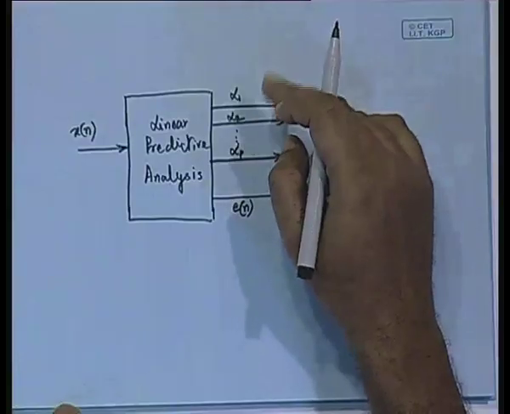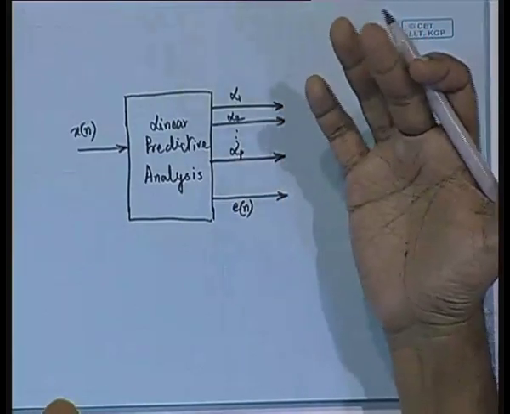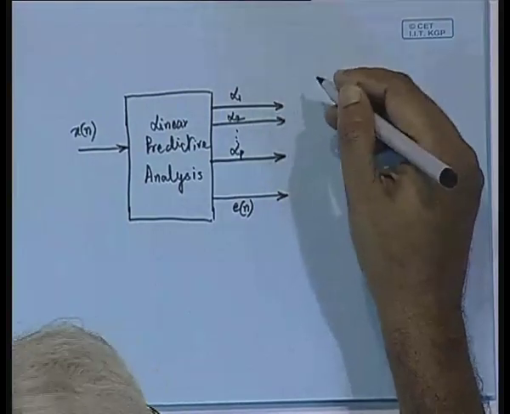So this is at the syllabic rate, and the syllables of human utterances change at a rate of the order of 10 to 25 milliseconds. That's the rate at which the syllables may change. So alpha 1 to alpha p are slowly varying parameters.